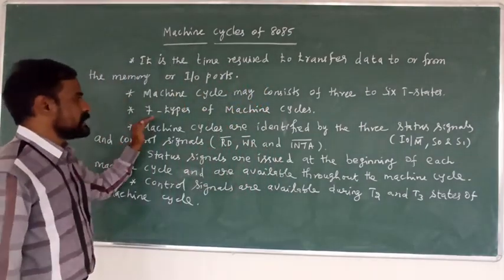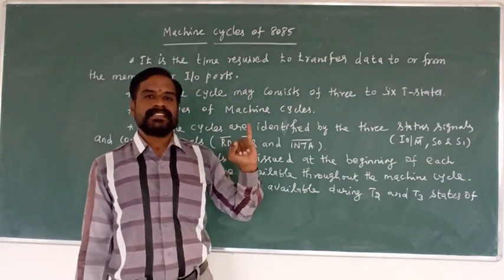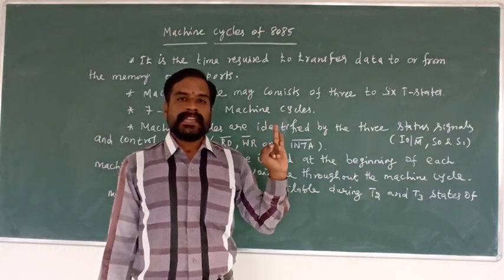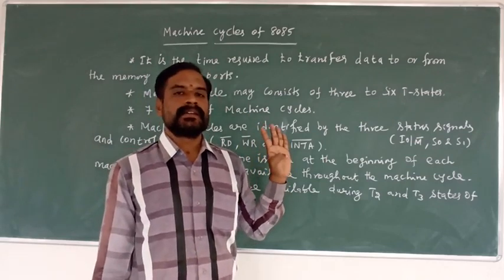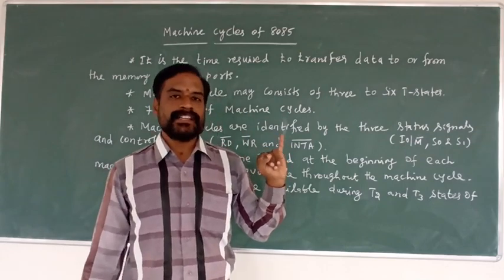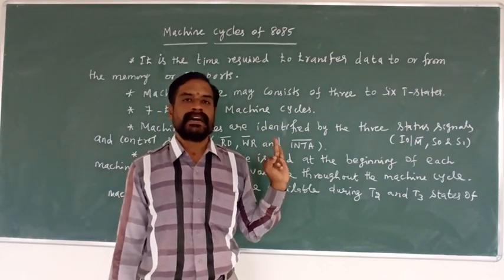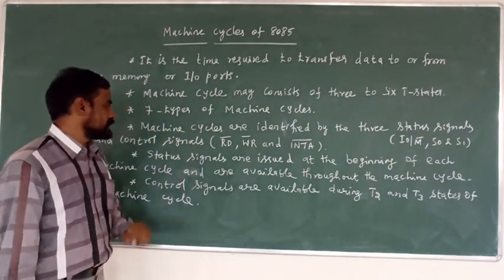And there are 7 types of machine cycle: opcode fetch, memory read, memory write, input output read, input output write, interrupt acknowledge, and bus idle.